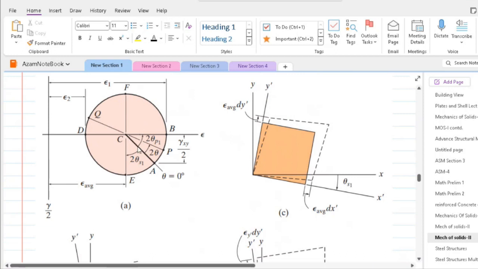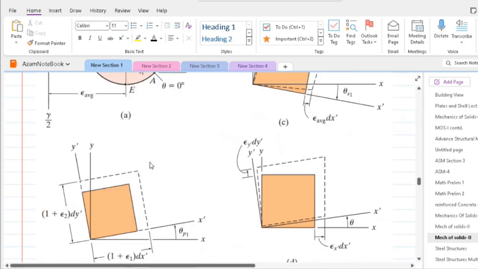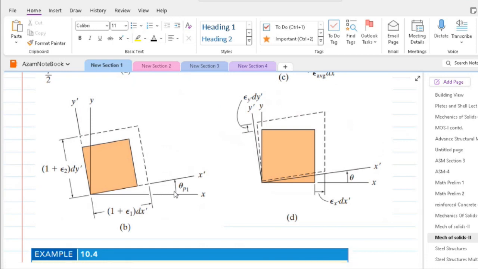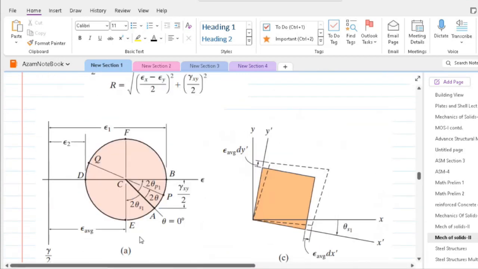So this angle 2 theta p1 on the Mohr circle is in reality theta p1 in counterclockwise direction. In a similar manner, we can find out the plane where our shear is maximum.